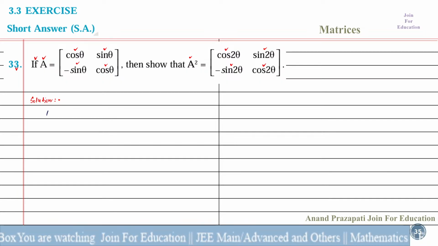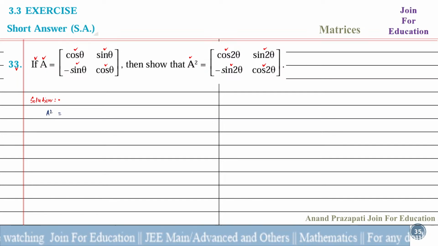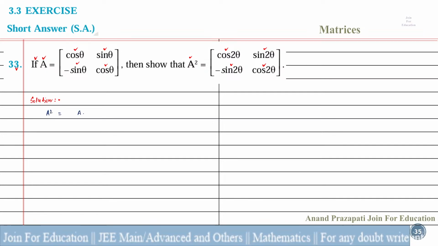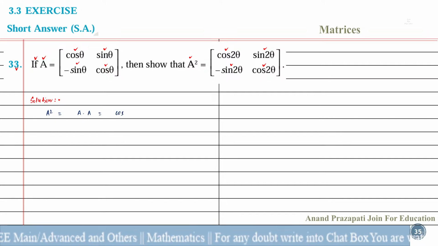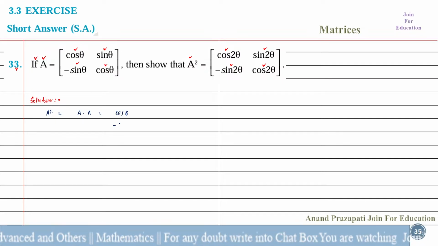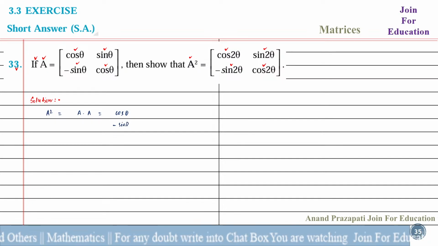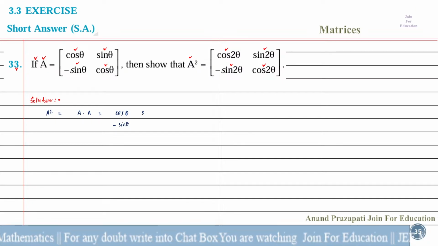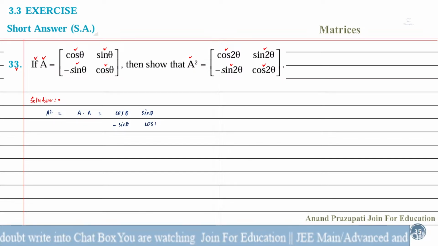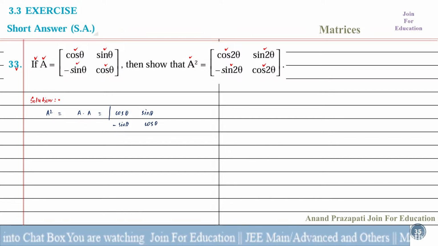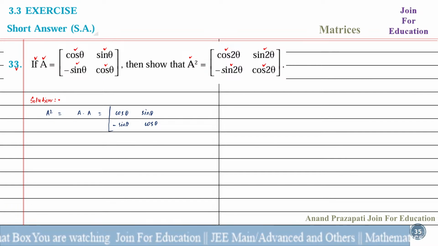A square equal to A into A equal to [cos theta, sin theta; minus sin theta, cos theta]. The order of this matrix is 2 by 2.